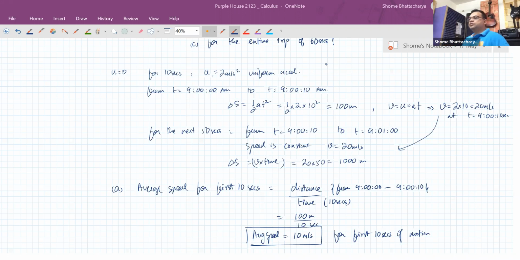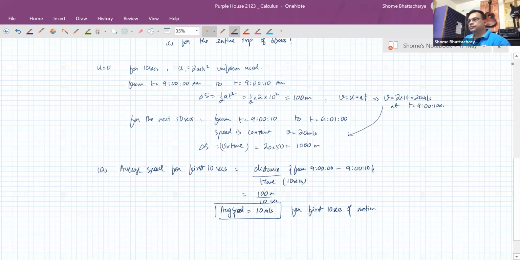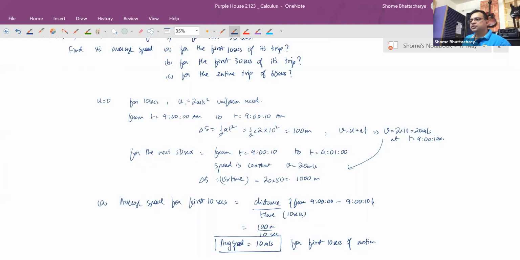Now, similarly, can you work out the second part? Try out the second part similarly.